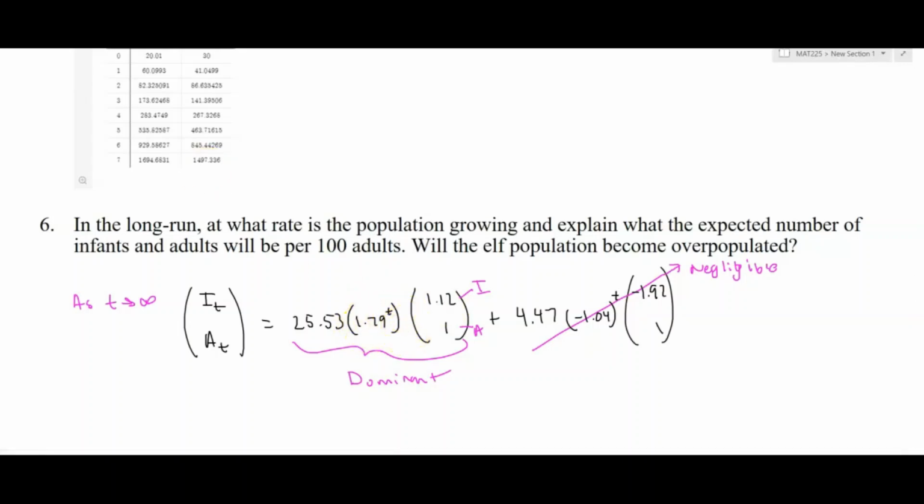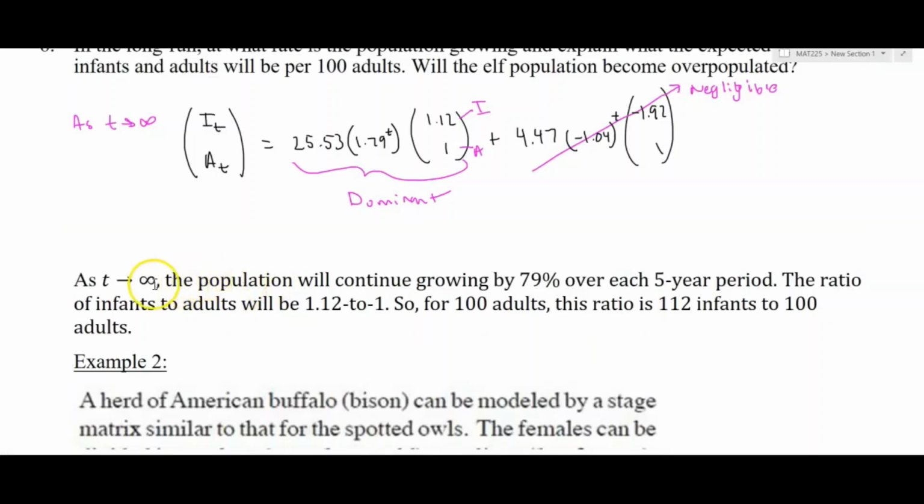So here's what we can say. We could say that as t approaches infinity, the population will continue growing by 79% over each 5-year period. We don't want to say each year because every increment of t represents a 5-year period. The ratio of infants to adults will be 1.12 to 1.